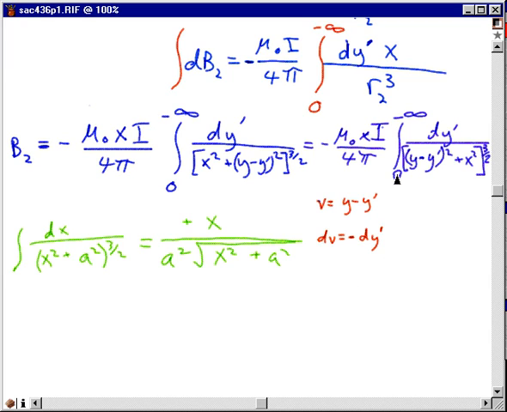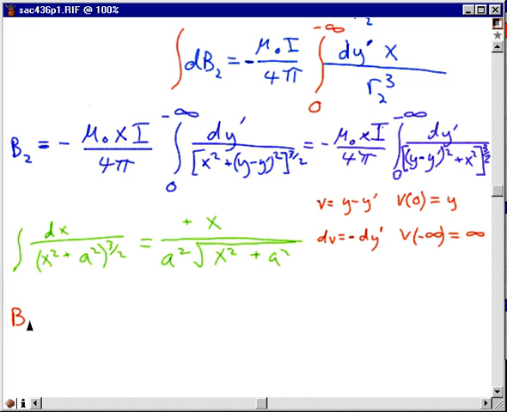For the limits of integration, v when y prime is equal to 0 is just y. And v when y prime is minus infinity, I get y plus infinity, which is just infinity. So the upper limit here is infinity.